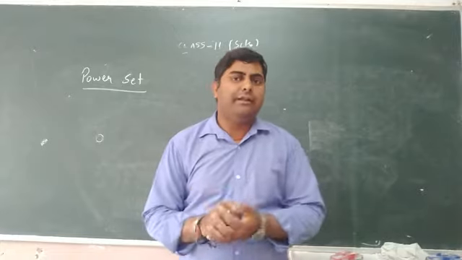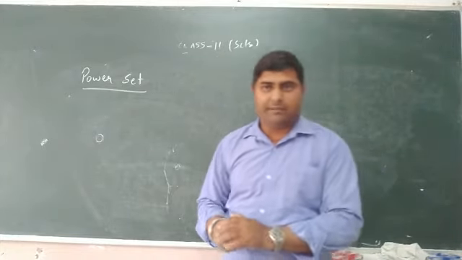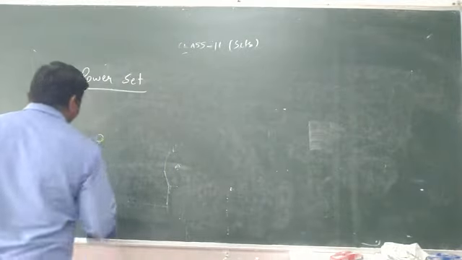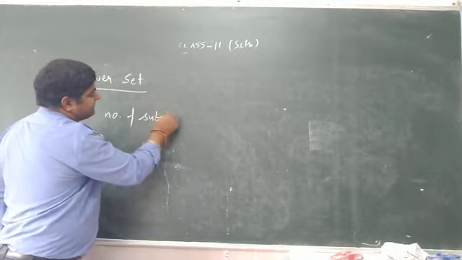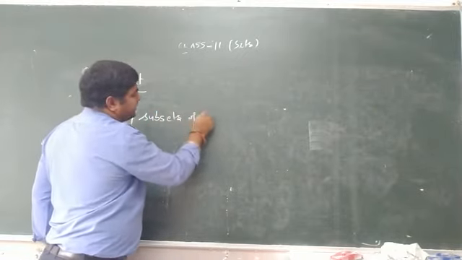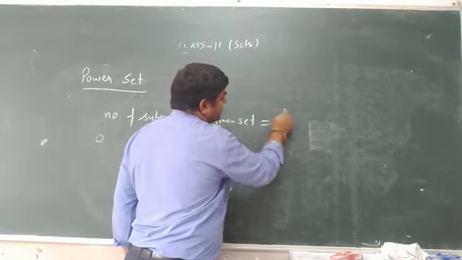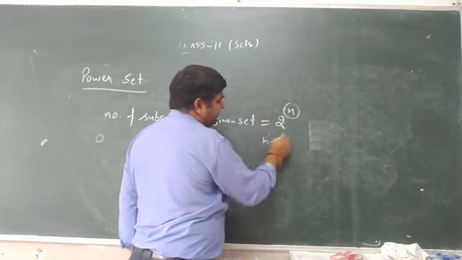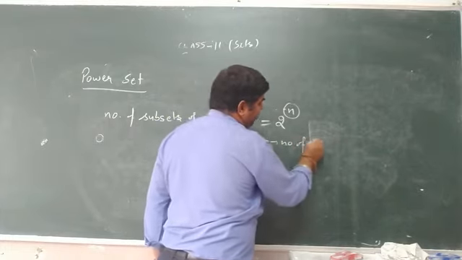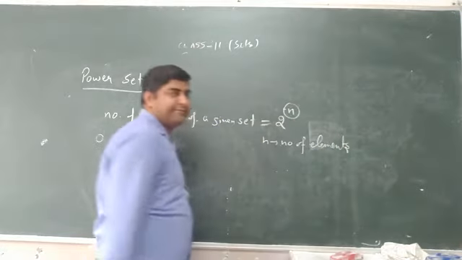So when we find the number of subsets of a given set, we have a very simple formula. Keep in mind, the number of subsets of a given set is always equal to 2 power n, where n represents the number of elements present in the set.